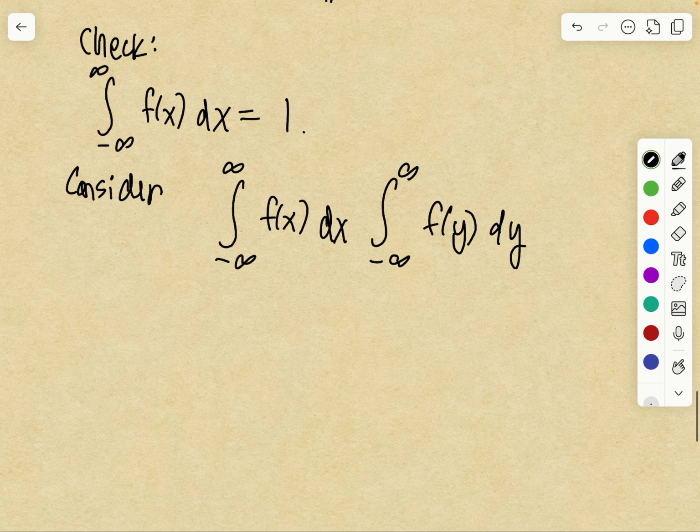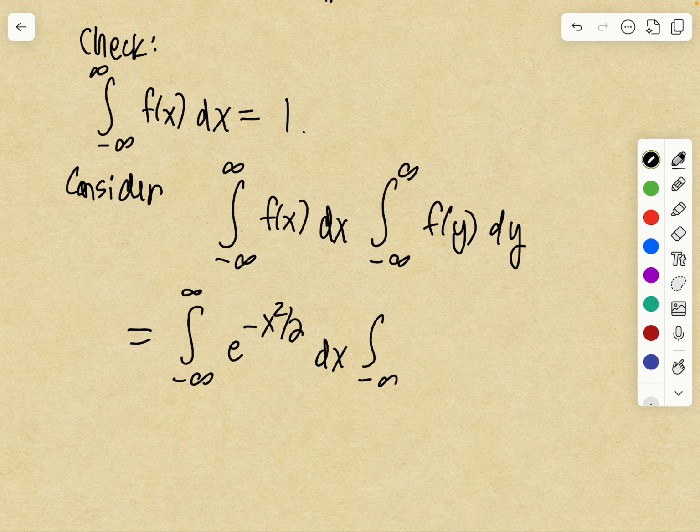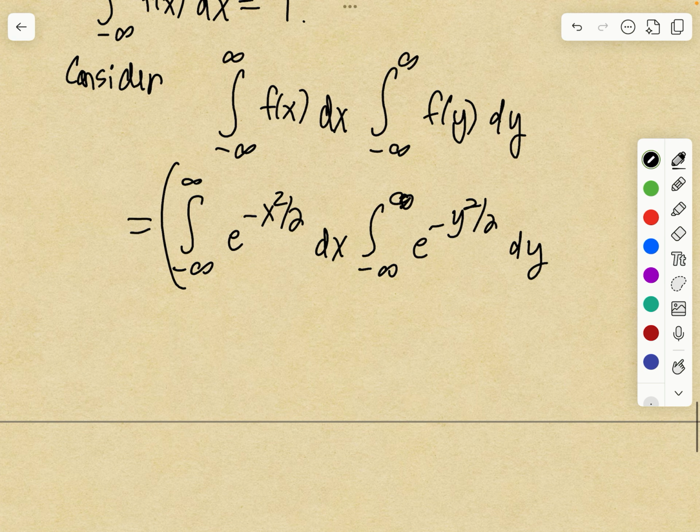I'm just using two dummy variables. So this is equal to the integral from minus infinity to infinity of e to the minus x squared over 2 times the integral from minus infinity to infinity of e to the minus y squared over 2. Right, it's this times this.